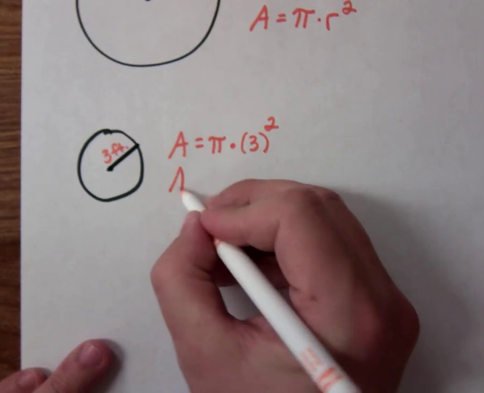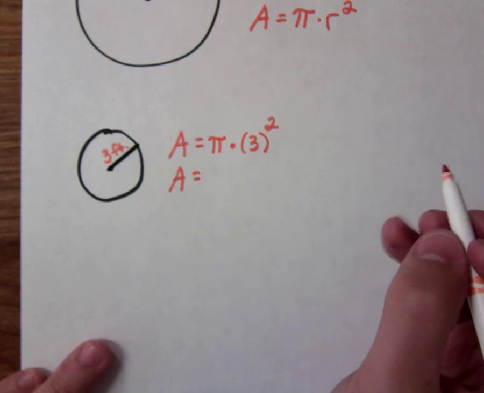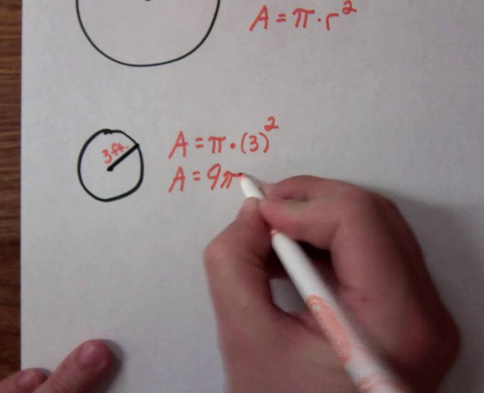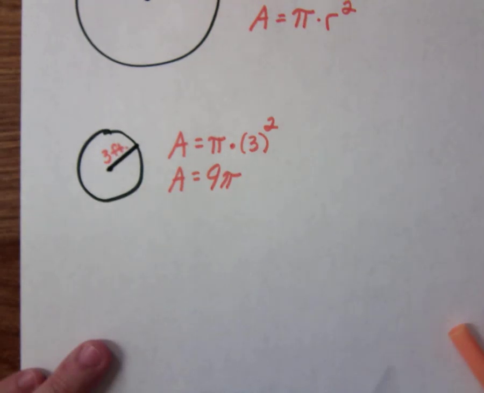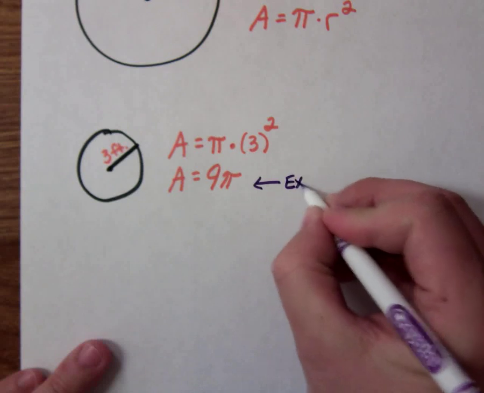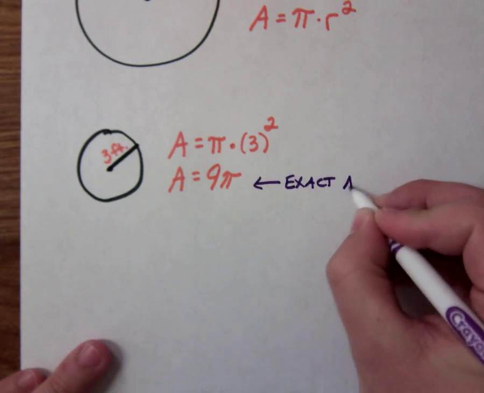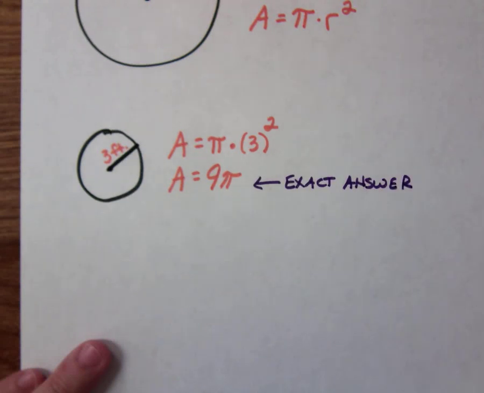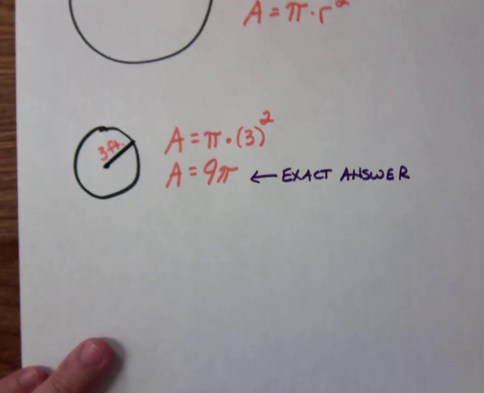If I wanted the exact unrounded answer, 3 squared is 9 times pi, and I would just stop right there. That is the unrounded answer. I know it looks weird to have a symbol in your answer, but it's cool. We'll allow it.